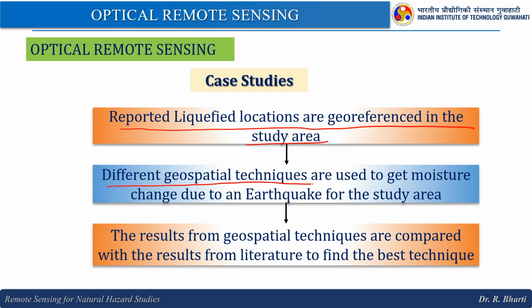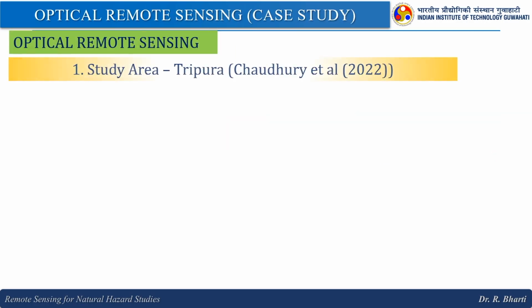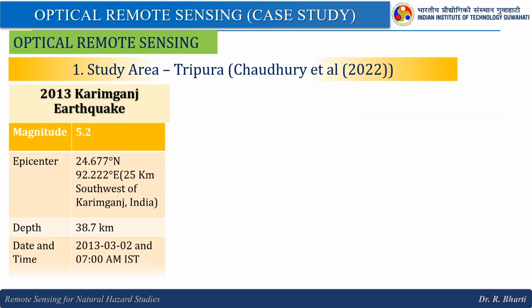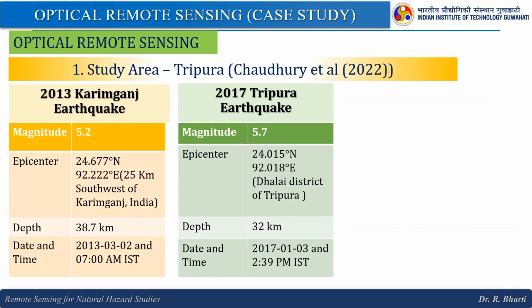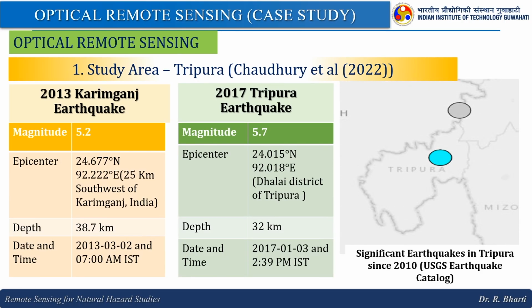Different geospatial techniques are used to get moisture change due to earthquake for the study area, and then the results from geospatial techniques are compared with the results from the literature to find the best technique. This was a comparative study, and here we try to evaluate different approaches of remote sensing, and which one is giving you the best result.